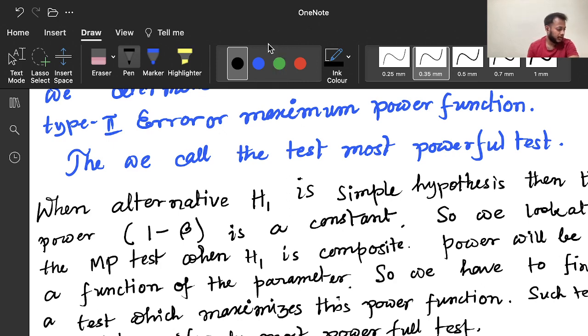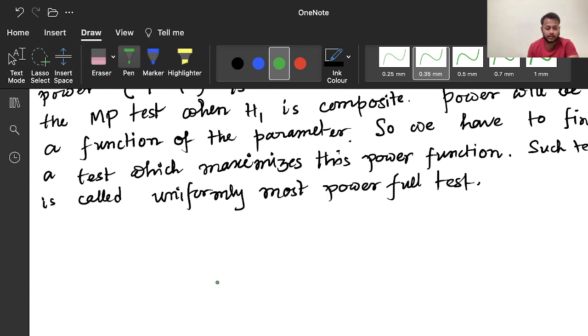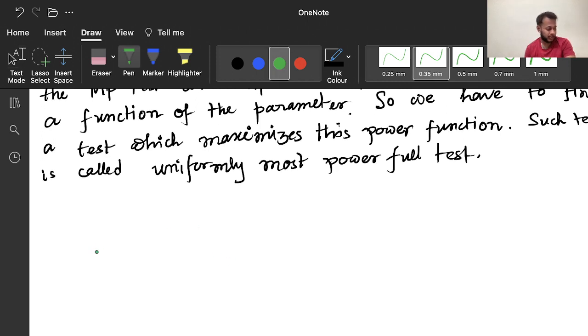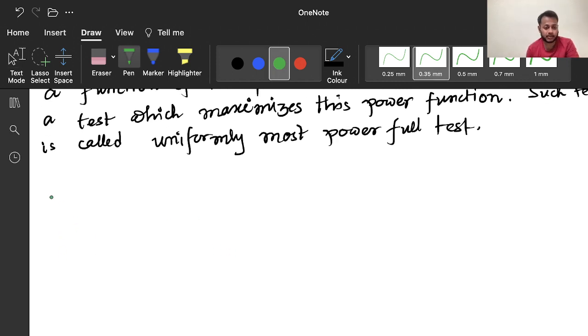Now let's move toward another thing that is very necessary. What do we call a test? If one wants to mathematize the concept of test, what is the definition of the test? Let me write the definition of the test. A test procedure.